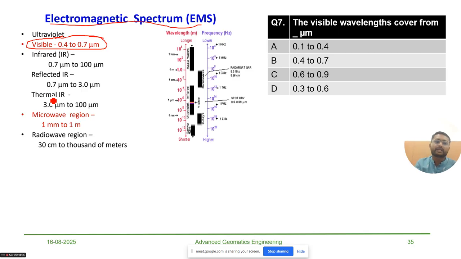So what is the physics behind those two? How are they different? Reflected is between 0.7 to 3 only, but thermal is from 3 to 100. So what is the difference between these two? Yes. And what about thermal?